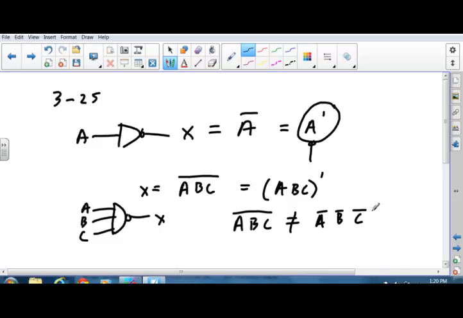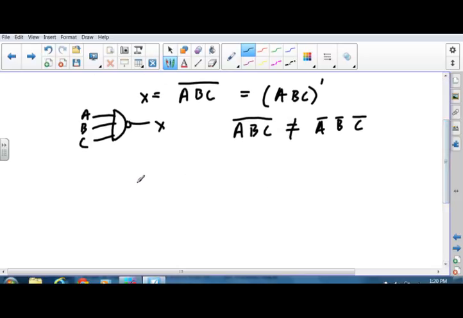No, probably chapter 5, because we skipped chapter 4. No, maybe not even there. But somewhere we'll learn, and you don't really want to know, but because you asked, A, B, C knotted is the same as A naught or B naught or C naught. Those two are the same thing.